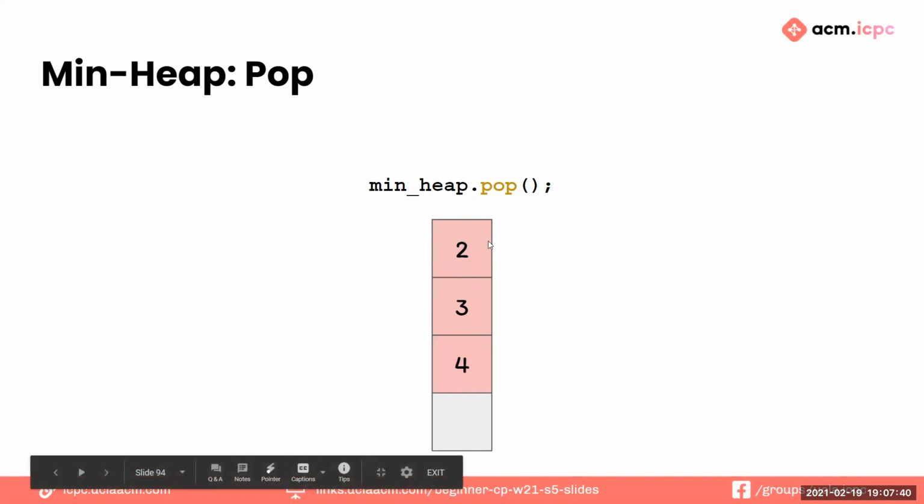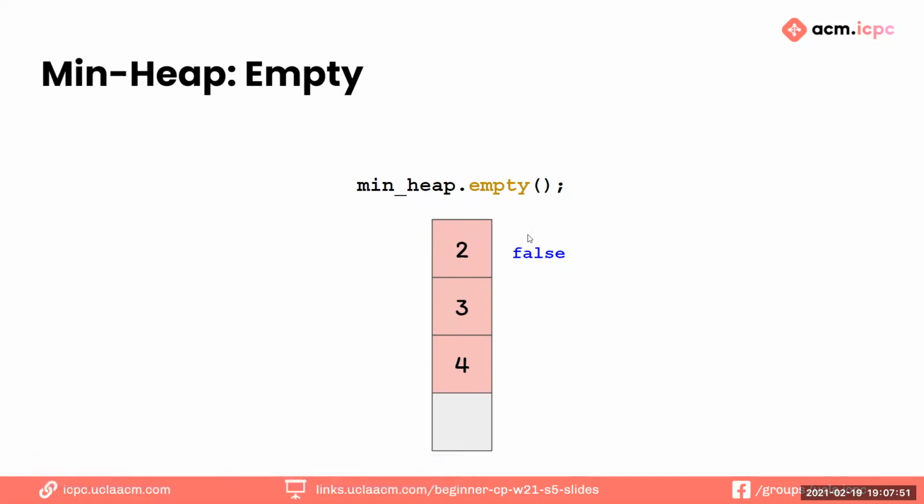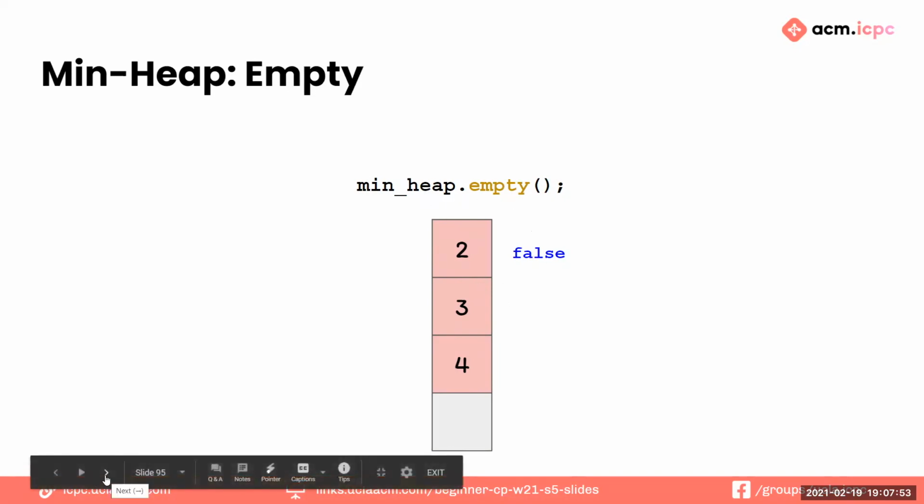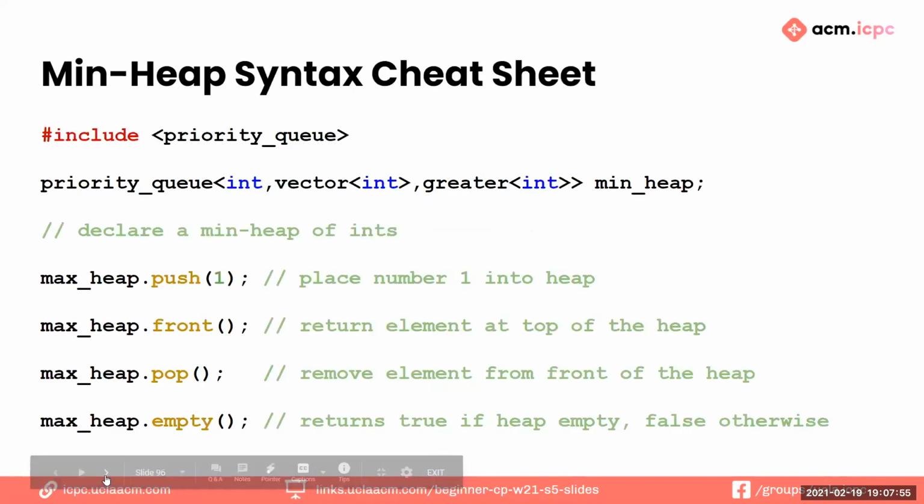So that removes 1, and now 2 is on top and has the most priority. Of course, you can also check if your min heap is empty, which returns false just because it's not. So this is a little cheat sheet for min heap. This is going to be the primary data structure that we use to implement Prim's algorithm.